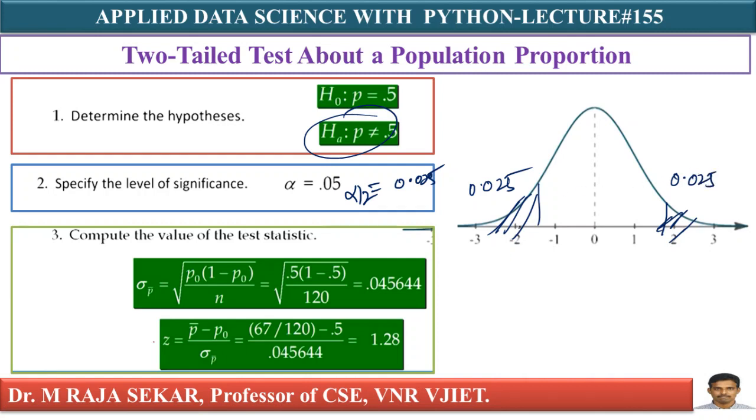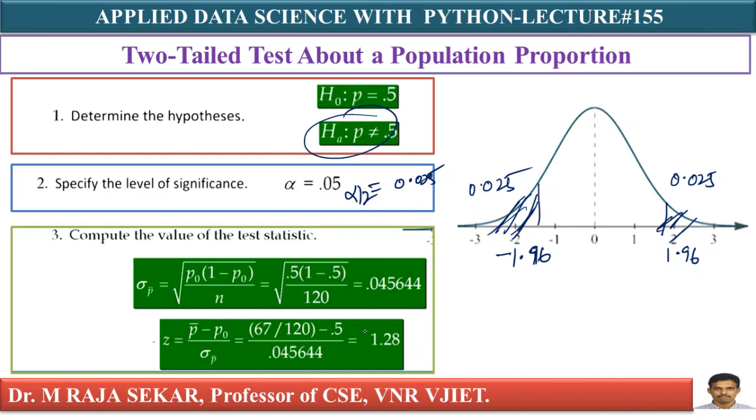What is my z value? Left side minus 1.96, right side plus 1.96. I request you to refer to my previous lectures, where I discussed how these values come about. You have to remember the value 1.96 for 5% level of significance. There is a table that I already showed in my previous lectures.